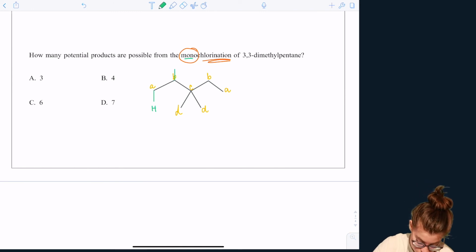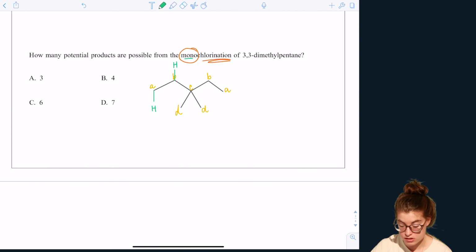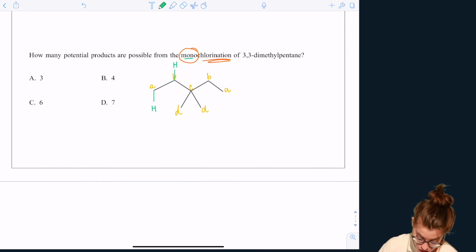Yes, it has 2, but that's fine. Does carbon C have at least 1 hydrogen? No, it does not, so we'll never be able to put a chlorine there. And carbon D? Yes, it's got 3, so we'll just draw 1 of them.